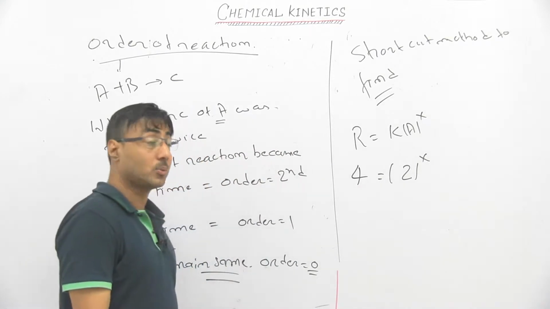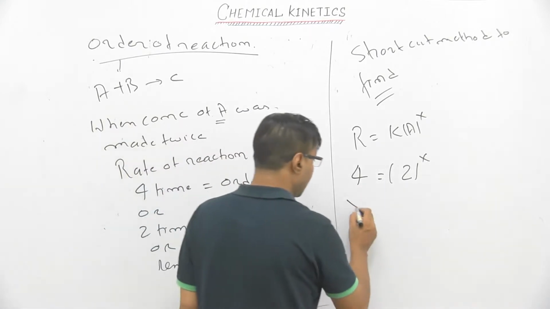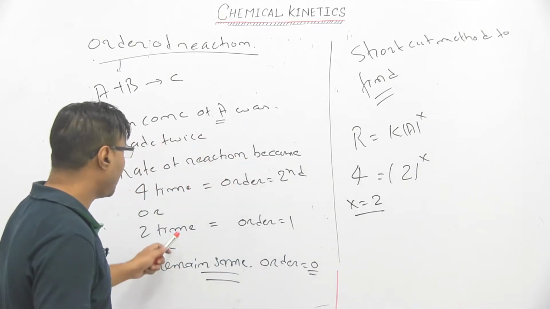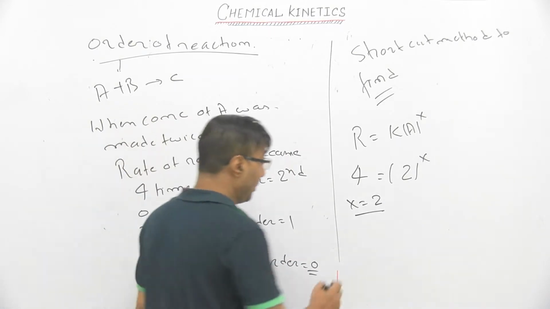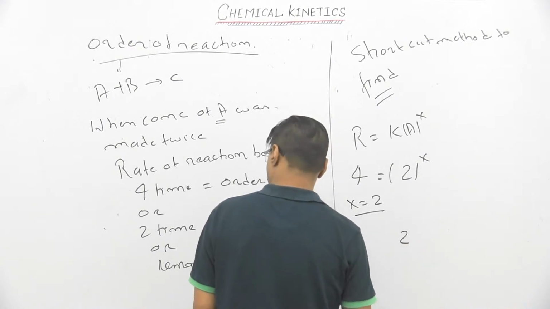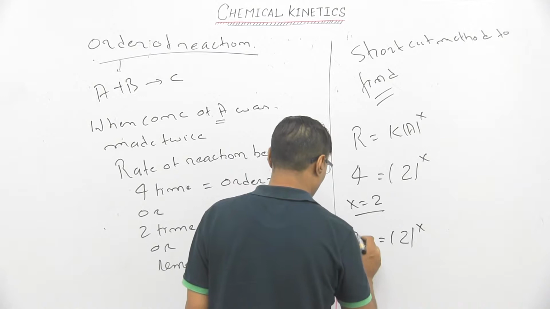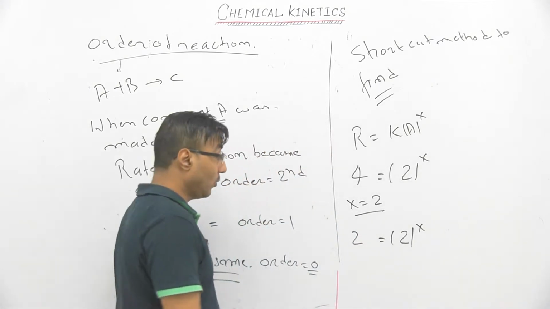What is the value of X? 2. Now come to the second part. We made the concentration twice, 2 raised to power X is equal to 2. So what is the value of X?